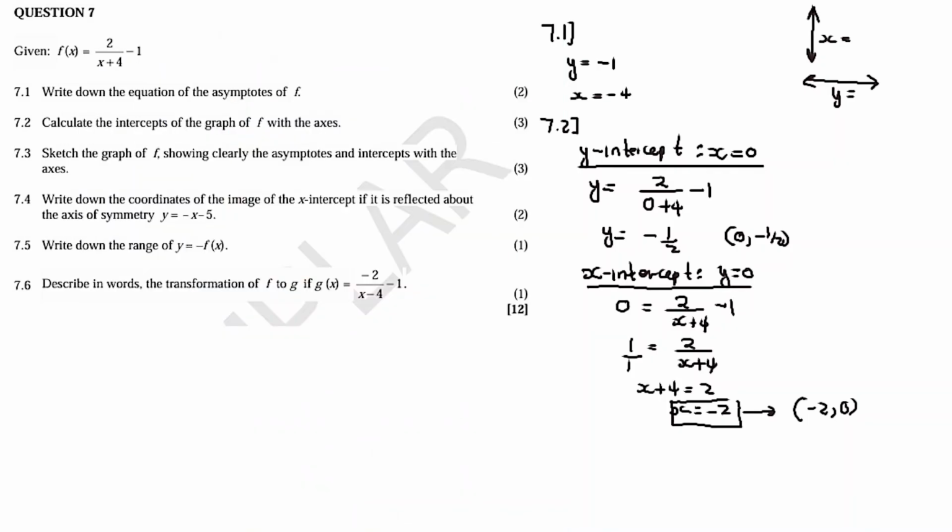Another thing we mentioned is that the A actually determines the shape of the graph. If your A is bigger than 0, your graph will look like this relative to your asymptotes. If your A is less than 0, your graph will look like this relative to your asymptotes.